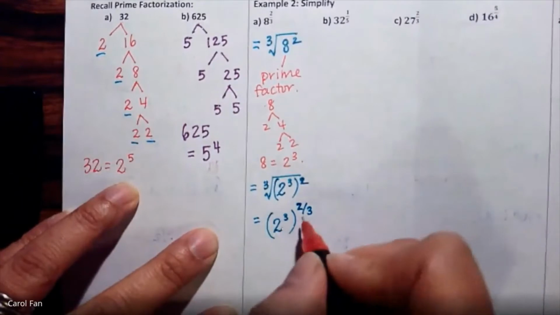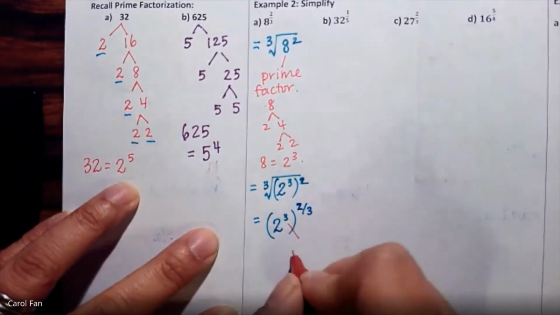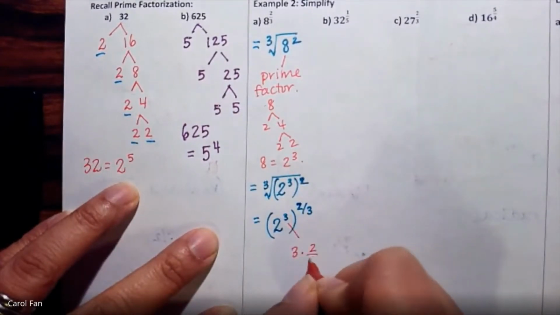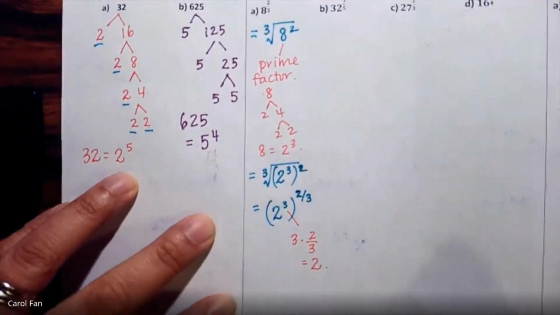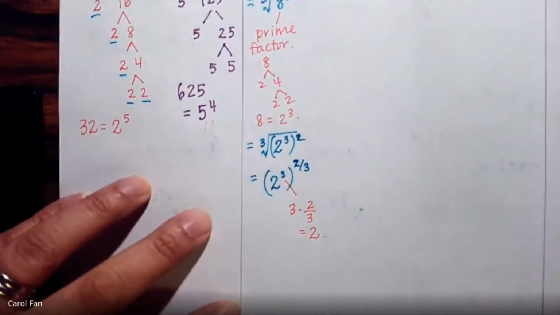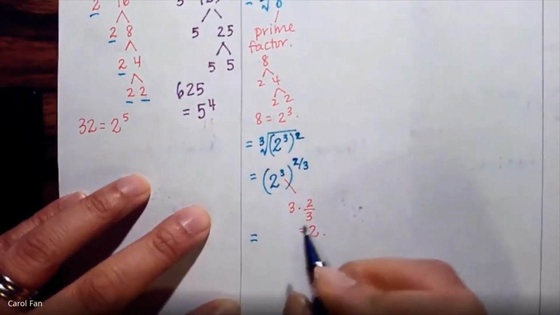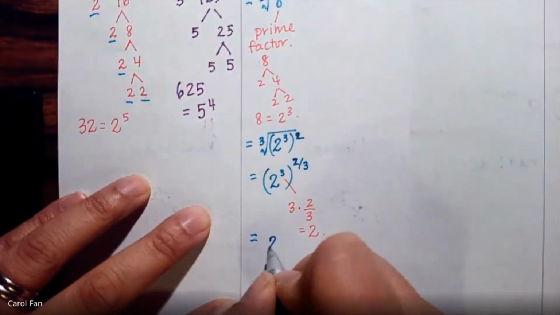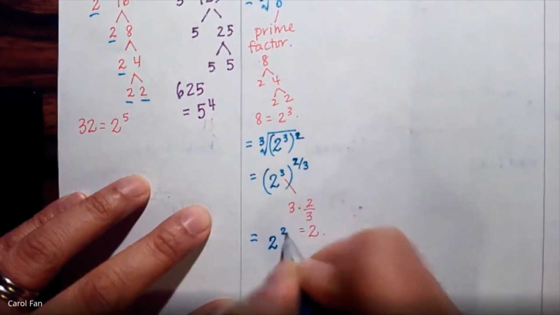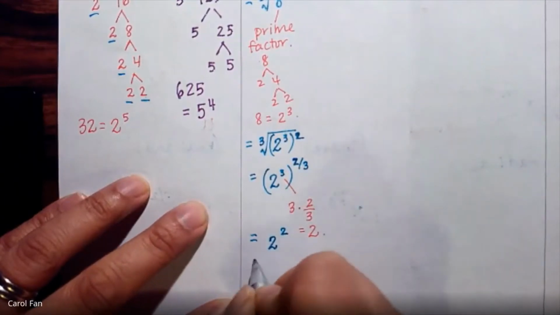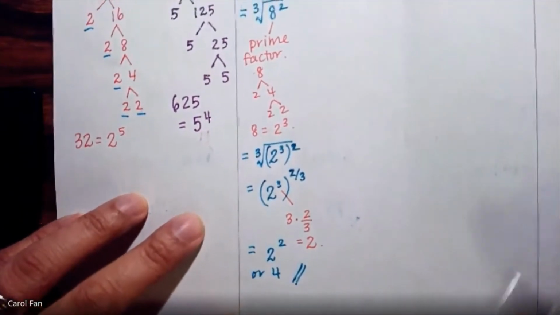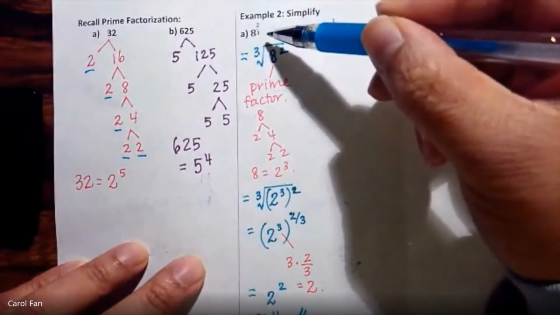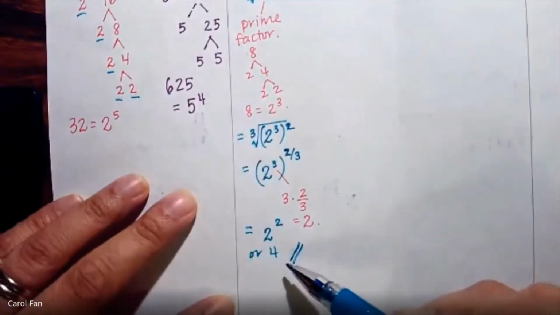We're going to use the power rule. So 3 times 2 over 3 is equal to 2. So when I simplify this, I have 2 to the power of 2, or 4. And that's my final answer. We know that this is equivalent to 4.